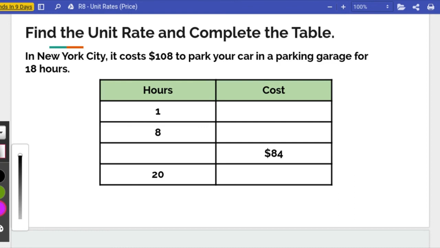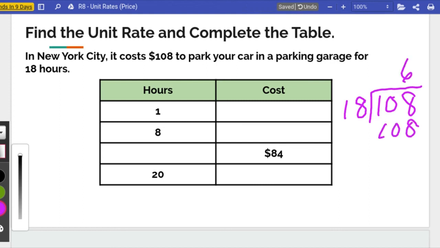So if it's $108 for 18 hours, then I'm going to find the unit rate. I'm going to divide to get to 1 hour. So I'm going to do 108 divided by 18, and that is 6. So my cost, it looks like, is $6 per hour.